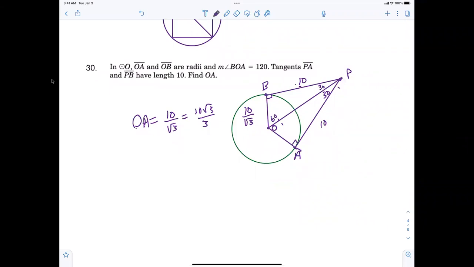All right, so somebody tell me, if I had to figure out what OA was, what trig function could I use? Tangent of 60 is equal to 10 over x.